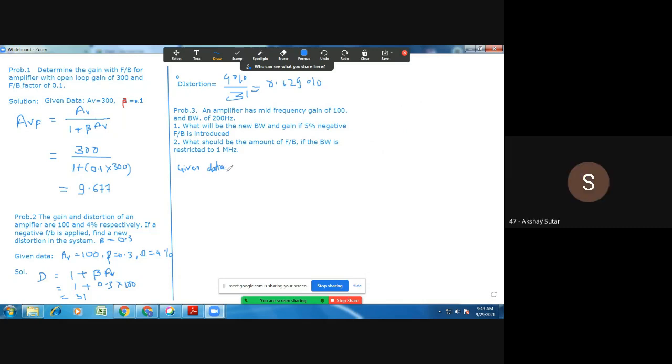Yes, with feedback? Further, it is asked what will be the new bandwidth if you are applying negative feedback. So whatever is given in the first statement is without feedback. So without feedback, the voltage gain is 100 and bandwidth is 200 hertz.